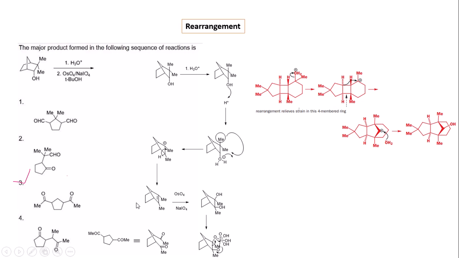We get the bicyclic alkene, and this bicyclic alkene undergoes osmium tetroxide cis hydroxylation, followed by sodium periodate cleavage of the diol, to give the product which matches with option 3. And this problem has been taken where the Wagner-Meerwein type rearrangement takes place by ring expansion, where the 4-member ring can stabilize by 5-member ring formation.